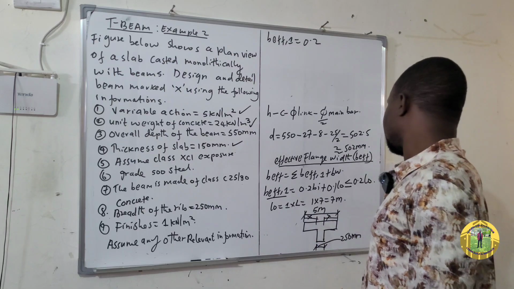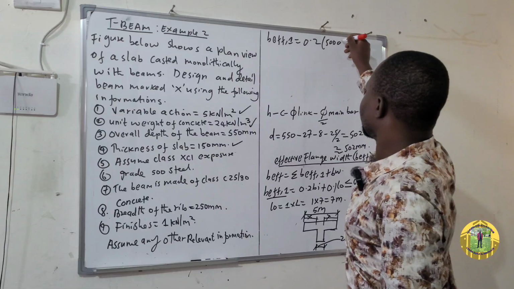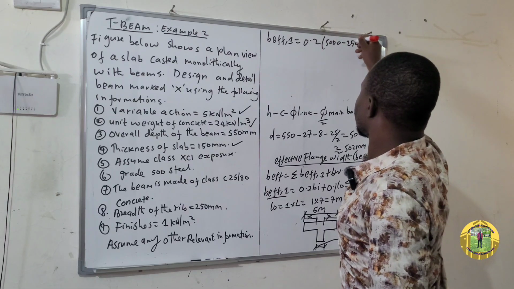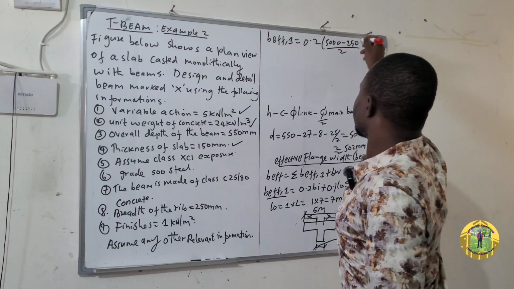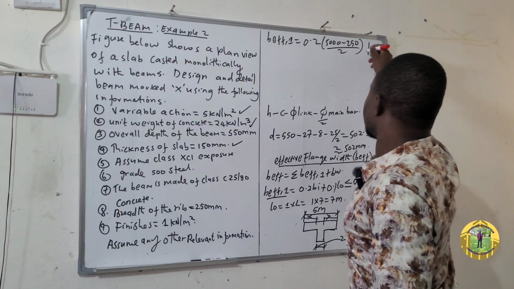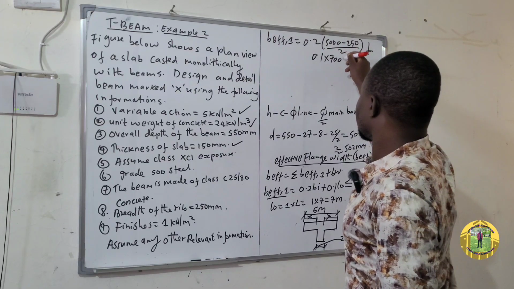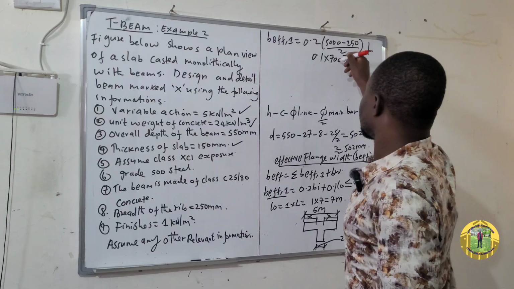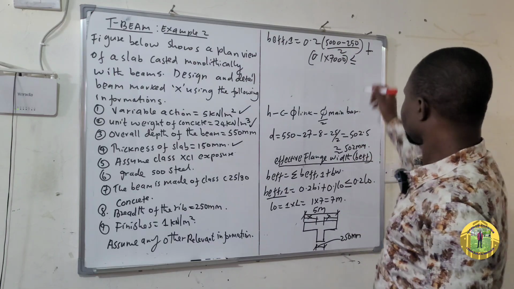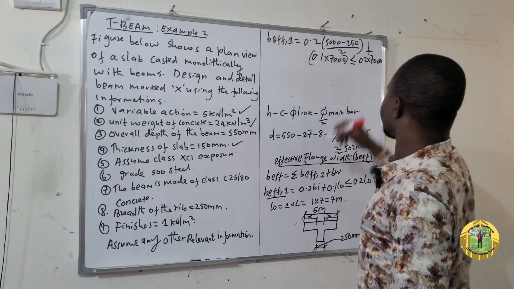So you take 5,000 minus 250, you divide by 2, then plus 0.1 times 7,000, which must be less or equal to 0.2 times 7,000.